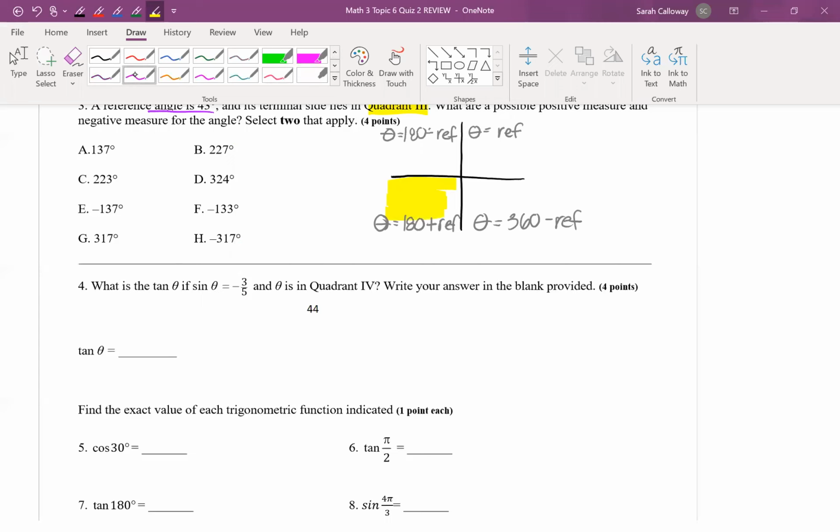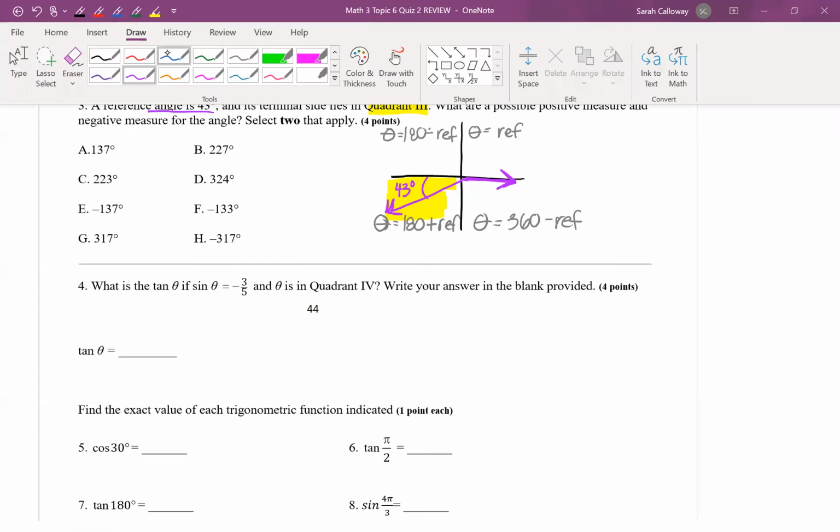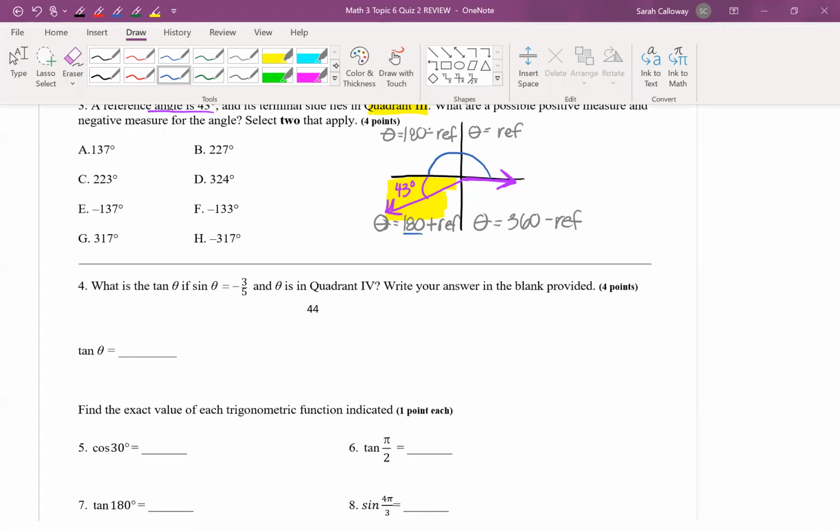So if I draw an angle in standard position, I've got a ray here on the positive x-axis, and then my terminal side is in quadrant 3, where this is 43 degrees. Remember that reference angles always touch the x-axis. My formula is intuitive. This 180 means that the angle goes 180 degrees, and then it picks up my reference angle.